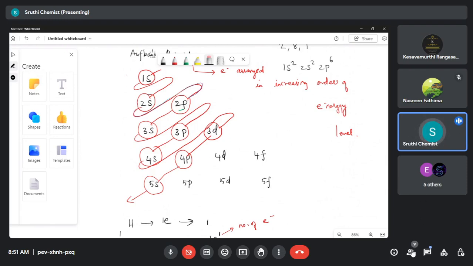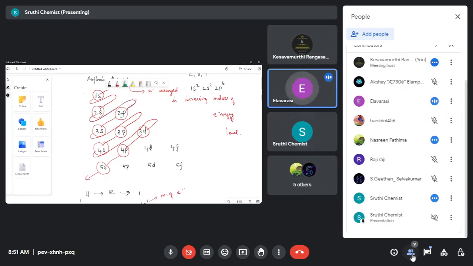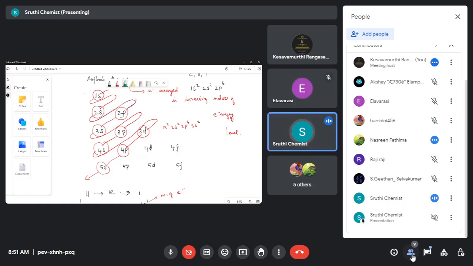Potassium starts from 1s. 1s2, 2s2, 2p6, 3s2. After 3s2, let's count: 3p6, plus 2 is 4, 4 plus 6 is 10, 10 plus 2 is 12. I have filled 12 electrons.